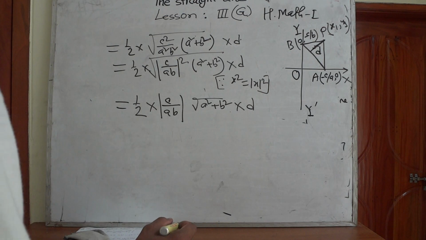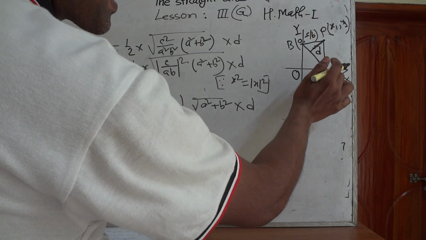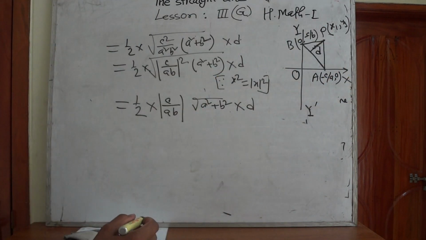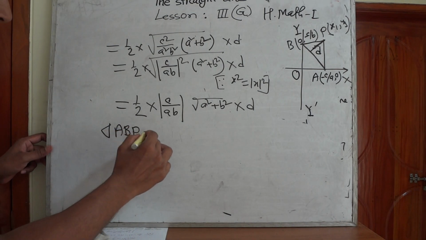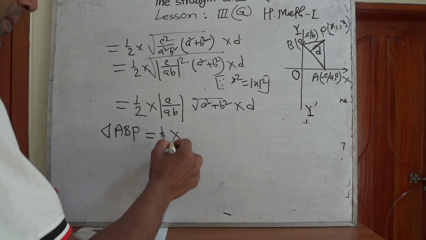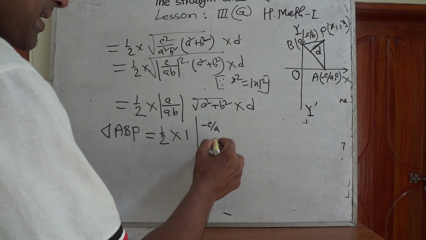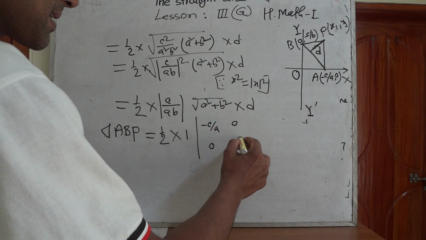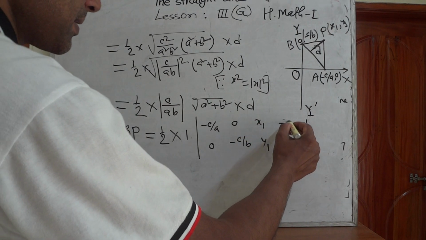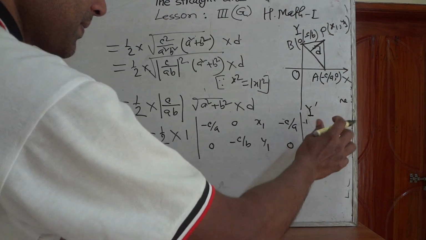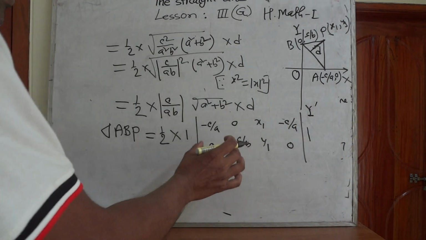Again, we know if the coordinates of the vertices of a triangle are given, the area of triangle ABP is equal to half into the absolute value of the determinant with rows minus c by a, 0; 0, minus c by b; x1, y1 and minus c by a, 0. I have to close this with the absolute value because area is always positive.